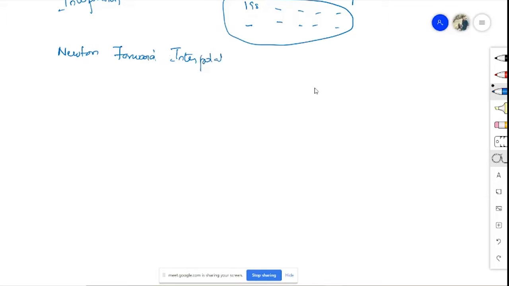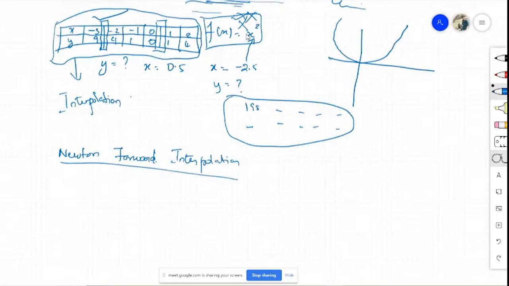The first thing we are going to see today is Newton's forward interpolation method. As usual, we will see it with a problem. Right, I will explain it in the problem. But what is interpolation, and how can we do the process? This is the interpolation process.